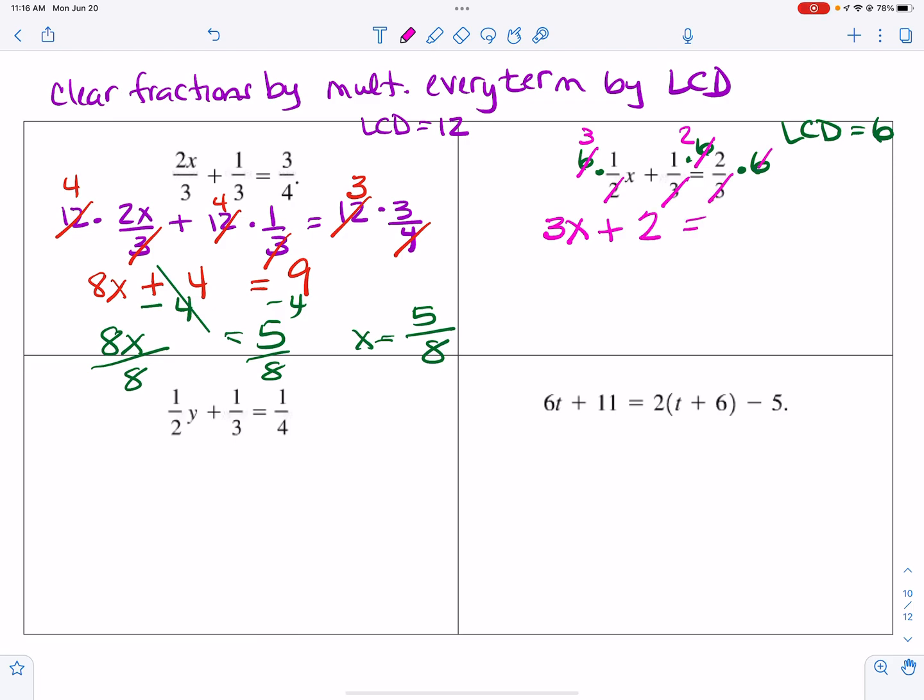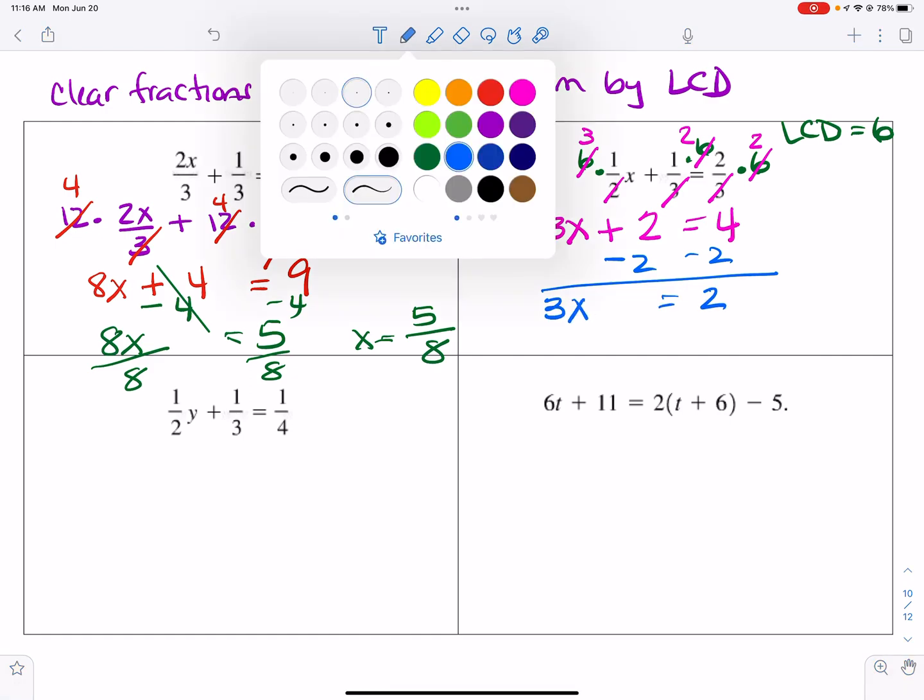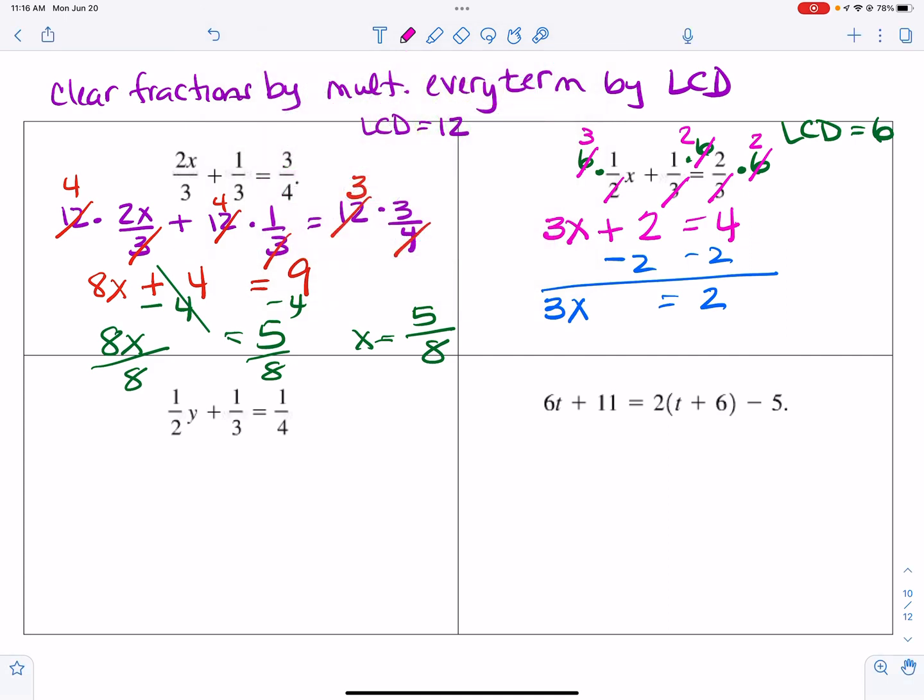And 3 goes into 6 and leaves 2, and 2 times 2 is 4. So then I will subtract 2. I get 3x is equal to 2. I am going to divide by 3, so x is 2/3.